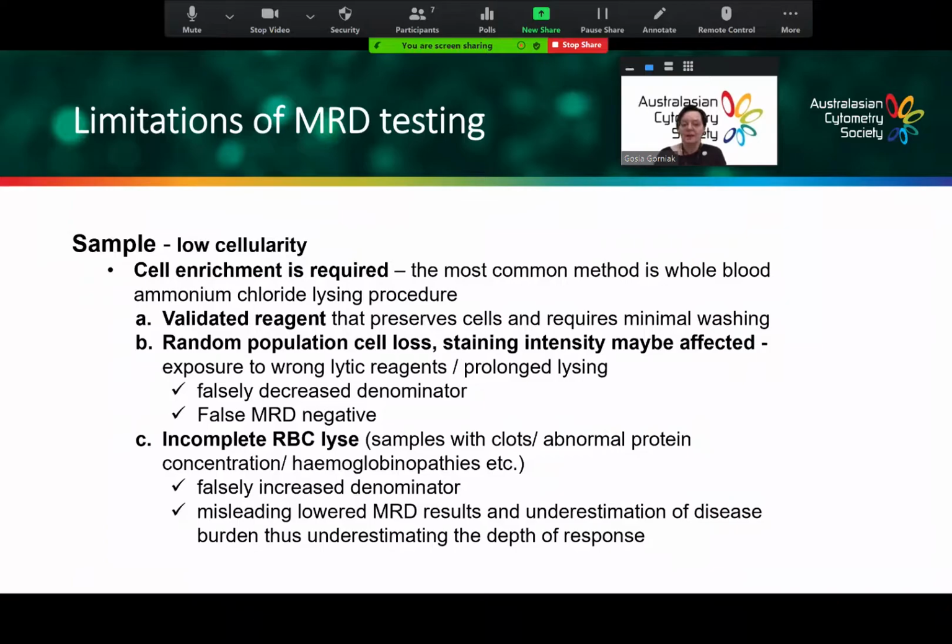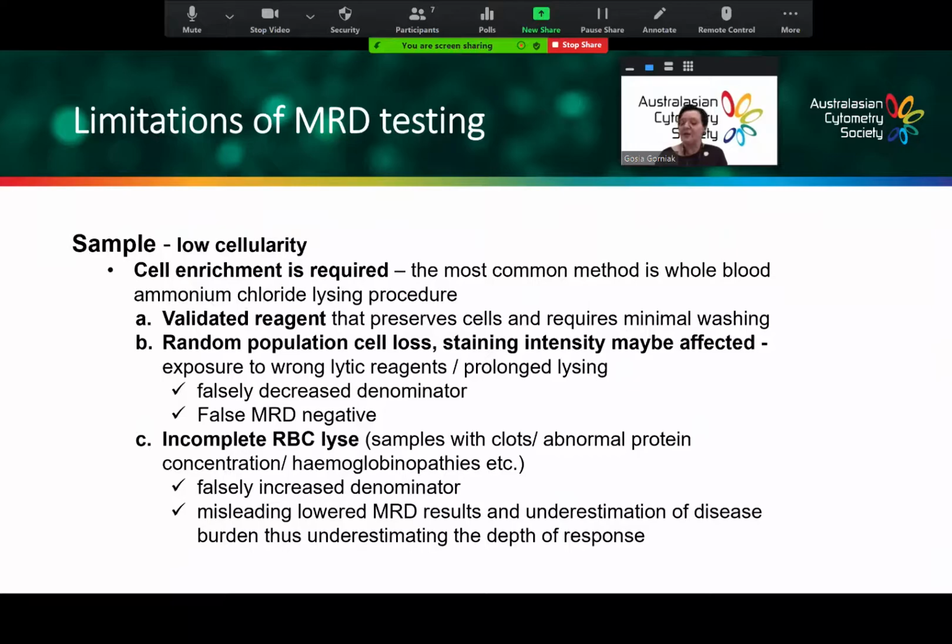So these are very important limitations which we face, and very often when we get a bone marrow and there is a clot in it, if there is something like this related to the sample, it needs to be stated in the report, and that will be covered in the next point.